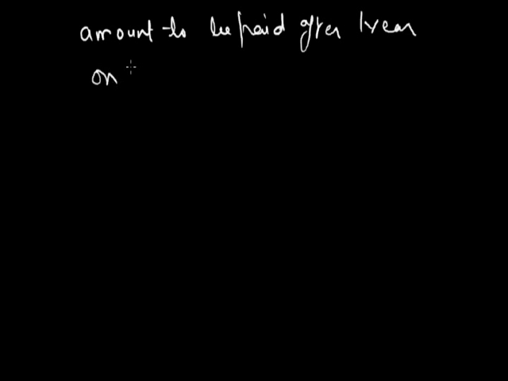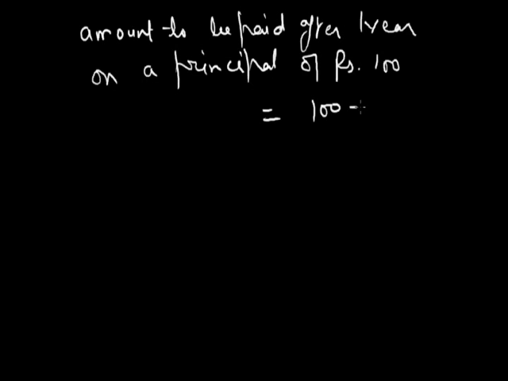Now the amount to be paid after 1 year on a principal of rupees 100 is equals to principal plus interest, and principal in our case, as we assume, is rupees 100, and simple interest we have calculated, or by definition it is equals to r rupees, where r is the rate of interest given in percentage per annum.